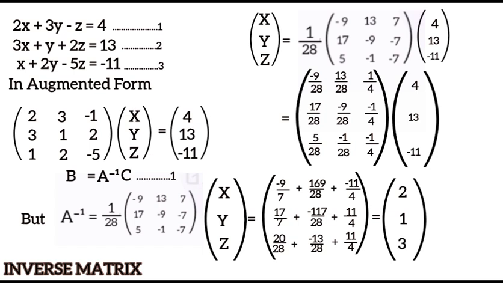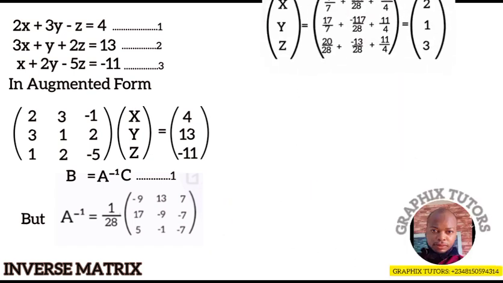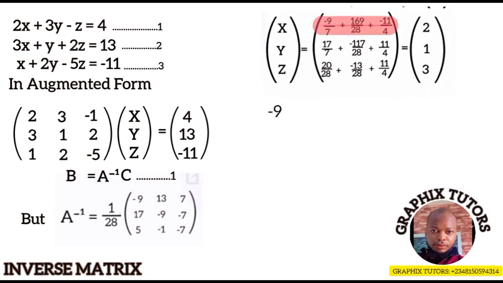Is that okay? So this is what we have. This is the value of x, y, and z, right? And if you feel you want to understand what I just did here, maybe you are having a problem, just hold on and let me explain that to you. If I take the first row, I have minus 9 over 7 plus 169 over 28 minus 11 over 4.